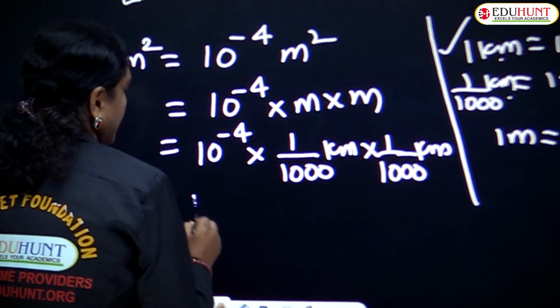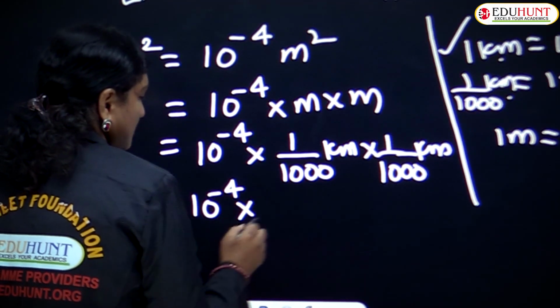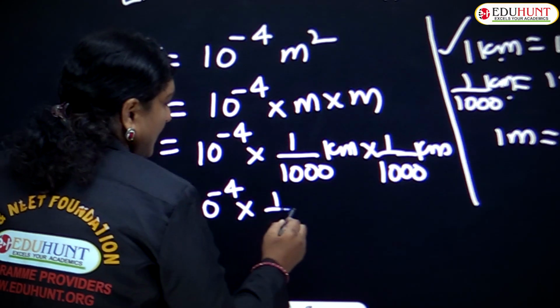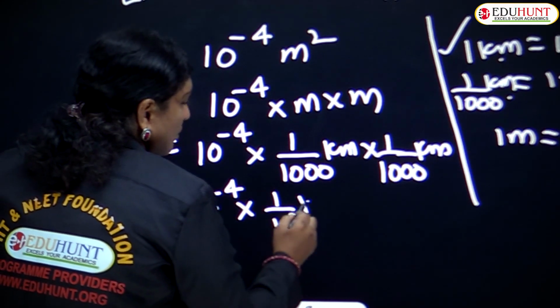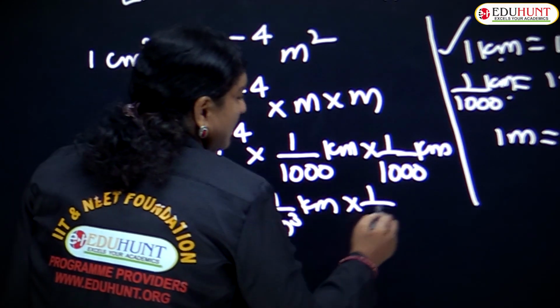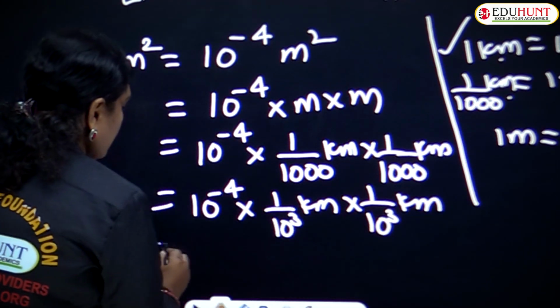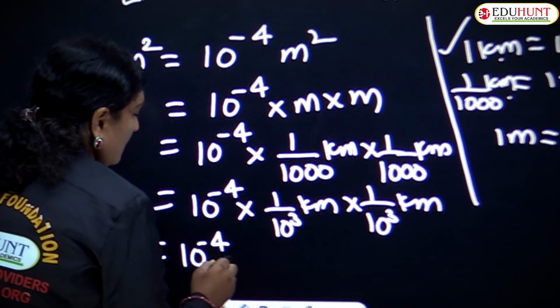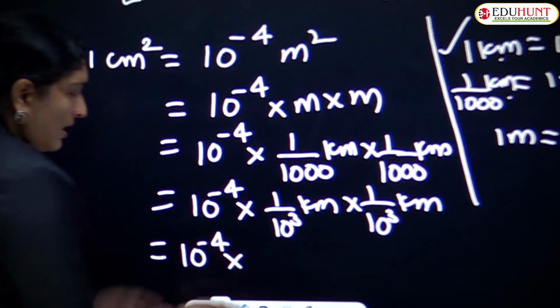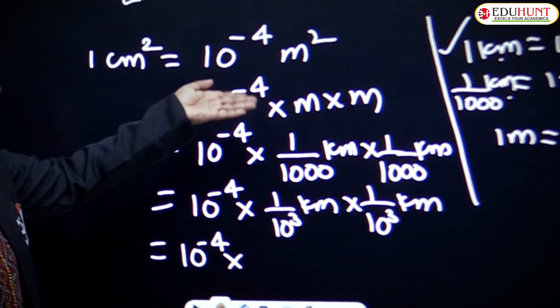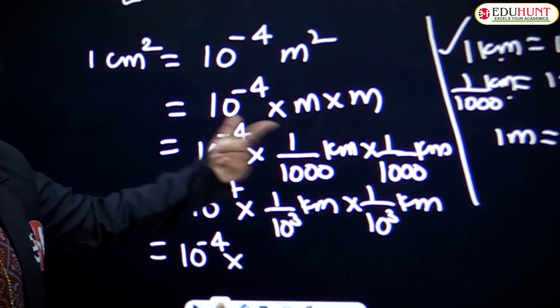So 10 power minus 4 into 1 by 10 power 3 kilometer into again 1 by 10 power 3 kilometer. Bring it to the other side: 10 power minus 4 into 1 by 10 power 3, carry to the numerator, then that will become minus 3.